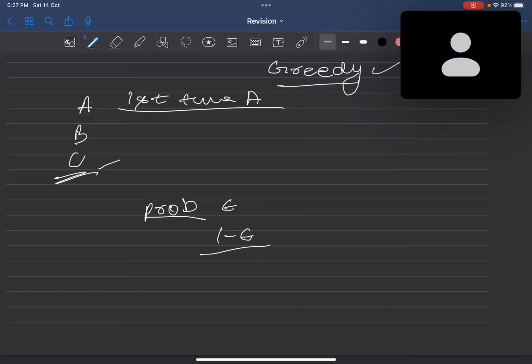So what happens in softmax kind of algorithms is that we reduce our exploration.